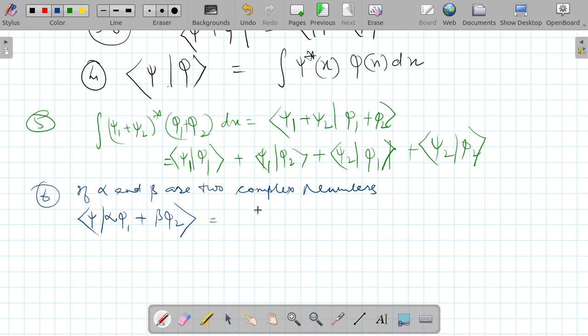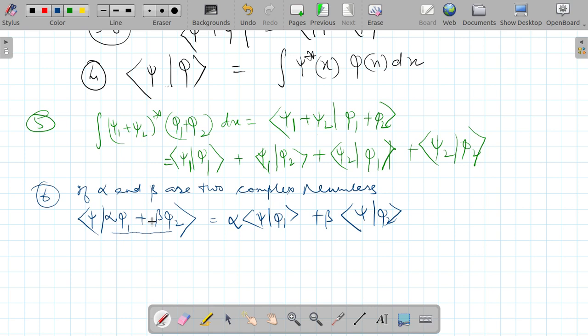They can be expressed in the form of psi phi 1 and psi phi 2, but their constants are taken outside, right? Because these constants are multiplied with kets, not with the bras.